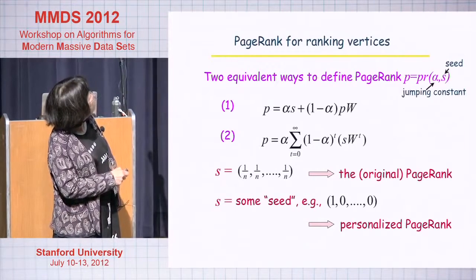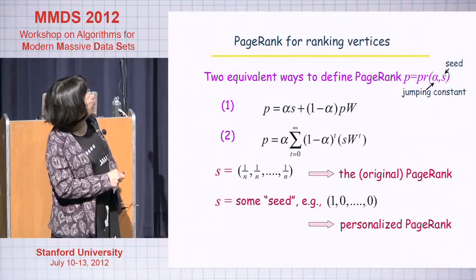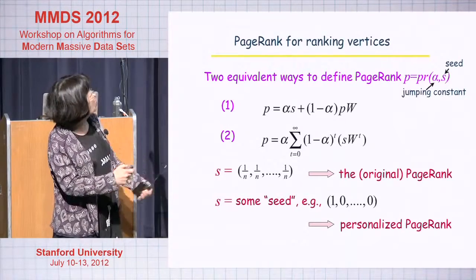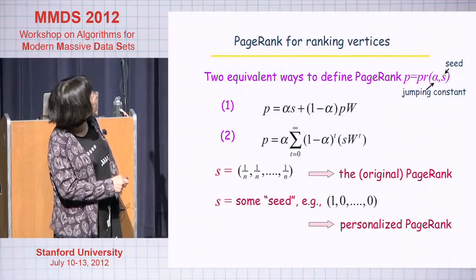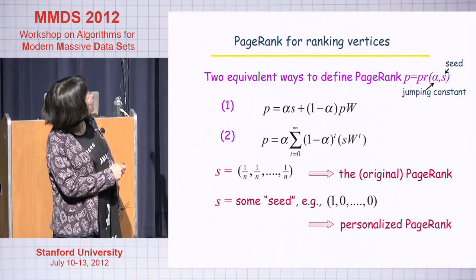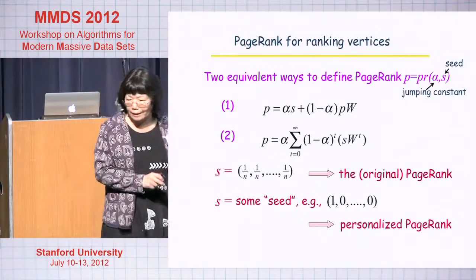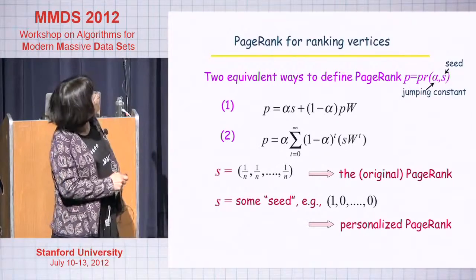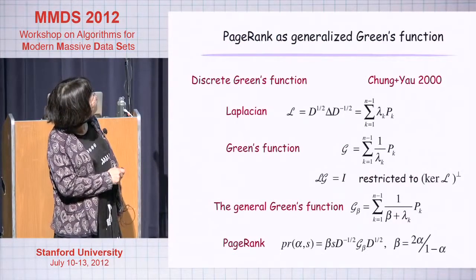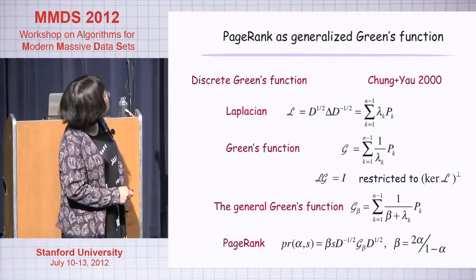Basically, it has two parameters. One is a jumping constant controlling diffusion, and a seed. In the original PageRank, the seed is that with certain probability you go to a random page, and with certain probability you go to a linked page. But you can choose an arbitrary seed and get personalized PageRank.